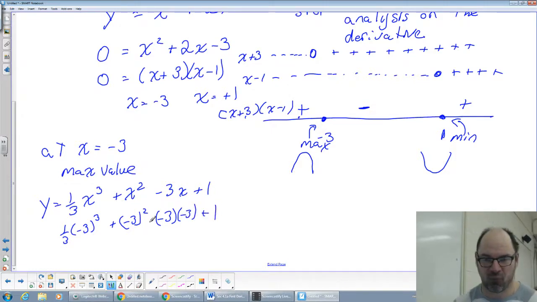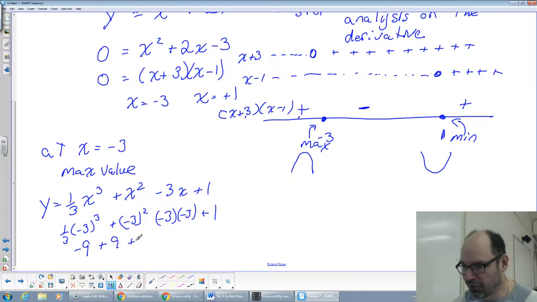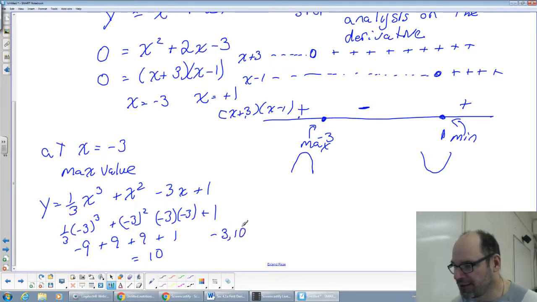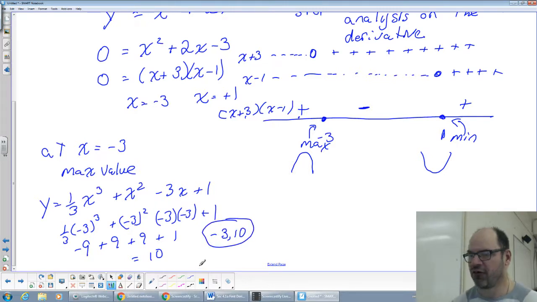That'll give us our y point. So we're going to get negative 27/3, so that's negative 9, plus 9, plus 9, and plus 1. That gives us 10. So we have a max value at negative 3, 10. There's our max value.